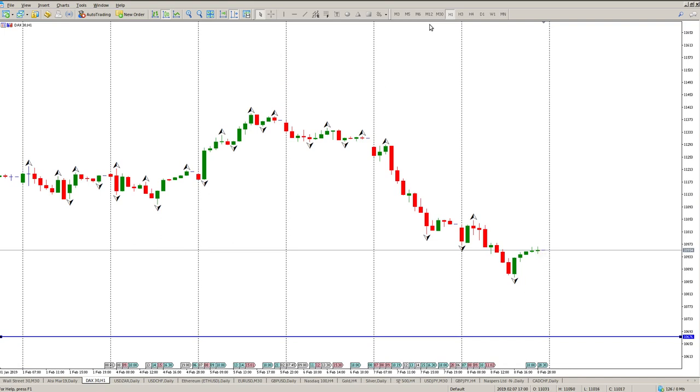So the two fractals that I need to pay attention to, as I said just now, are that one and that one. This fractal up here, this one up here, this one up here are irrelevant in the bigger scheme of things right now. The only fractals I'm interested in are the most recent ones.